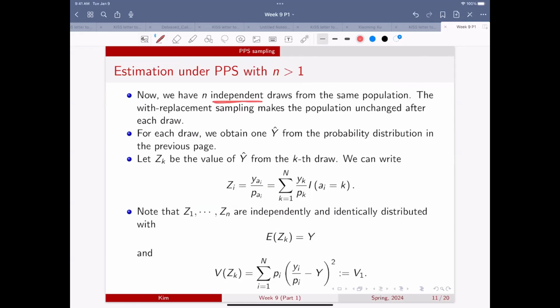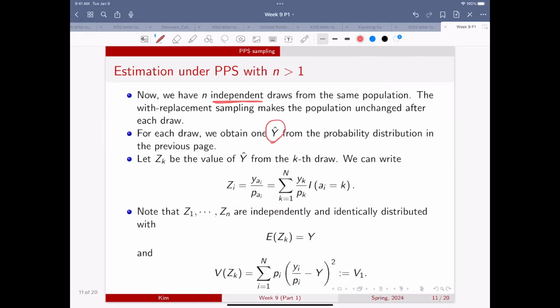So for each draw, we obtain one y hat from the probability distribution in the previous page. And then we can basically obtain n of them. Okay, so we draw one and compute y hat, and draw another one, compute another y hat. So basically, we repeat that n times and take the average. That is basically the idea.